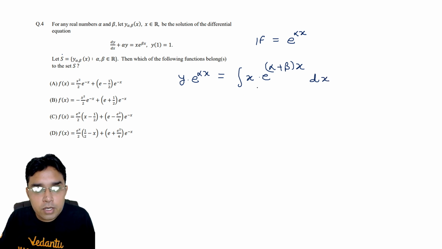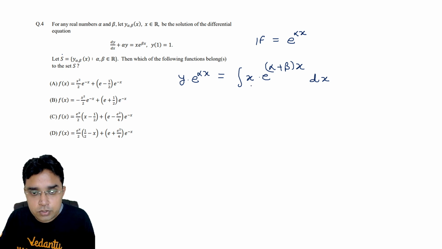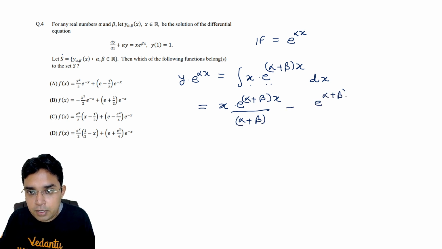Now we can use integration by parts, first function and second function. So here we will get x e power (alpha plus beta) x upon (alpha plus beta) minus e power (alpha plus beta) x upon (alpha plus beta) whole square plus some constant c.